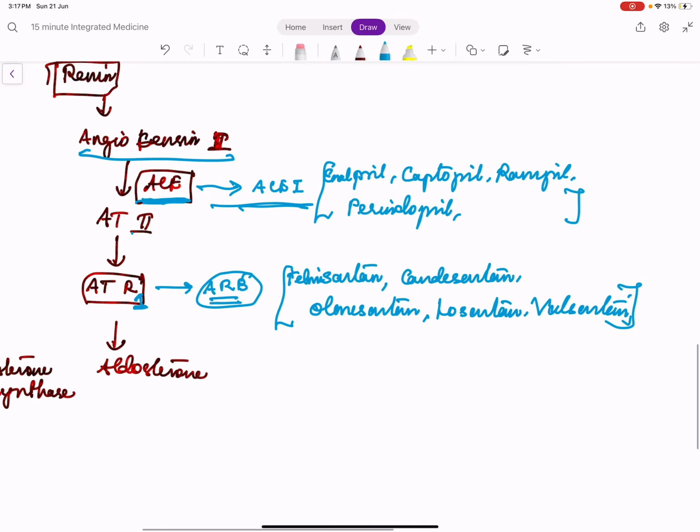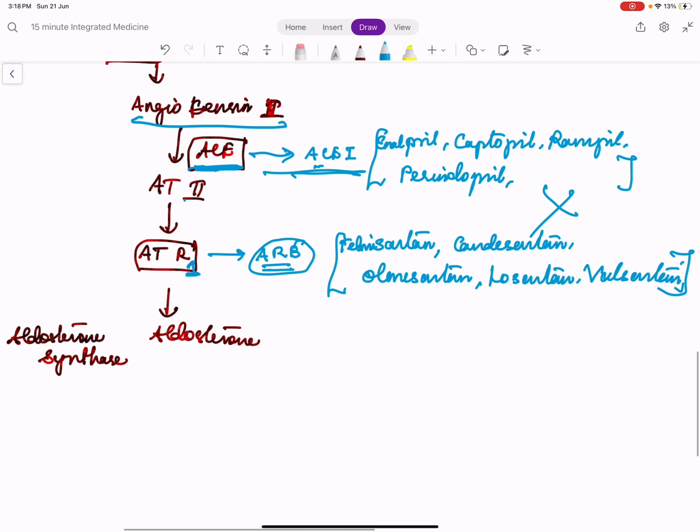From this graph it is clear that ACE inhibitor and ARB act on subsequent steps. So there is no point in combining these two together. Still we see many people writing enalapril and telmisartan together, which is a wrong practice.